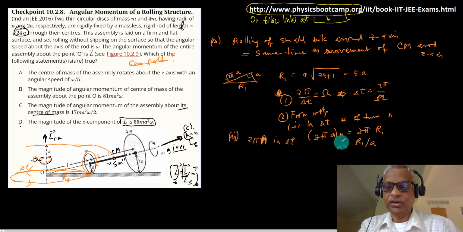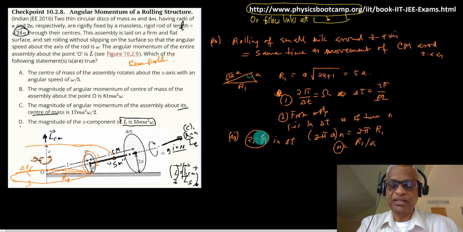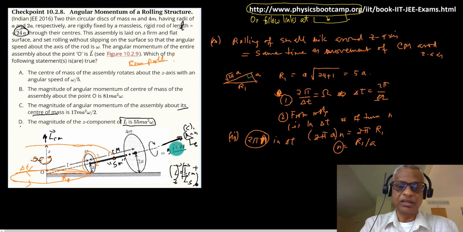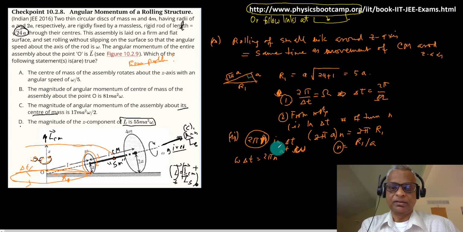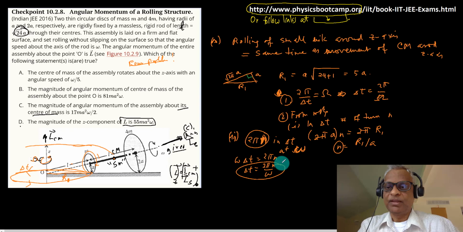So this is n turns, so it's going to make this many angle in delta t, and it's going at little omega. So omega delta t is 2 pi n. That means delta t is 2 pi n over omega. So this is delta t.